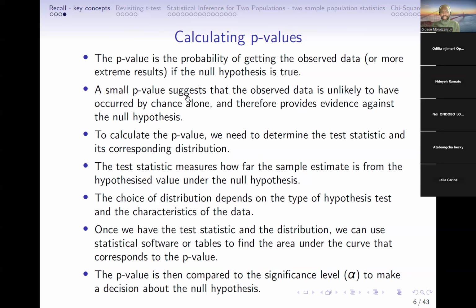For us to calculate the p-value, we always need to determine the test statistic and the corresponding distribution. The test statistic here being whether it's the t or the z, and then we use the corresponding distribution, and we use the lookup table to determine the area under the curve based on where we put our significance level.